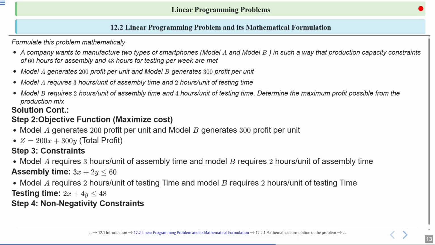Now step 4 for non-negativity constraints. Non-negativity constraints basically make decision variables x and y greater than or equal to 0. That means x is greater than or equal to 0 and y is greater than or equal to 0.